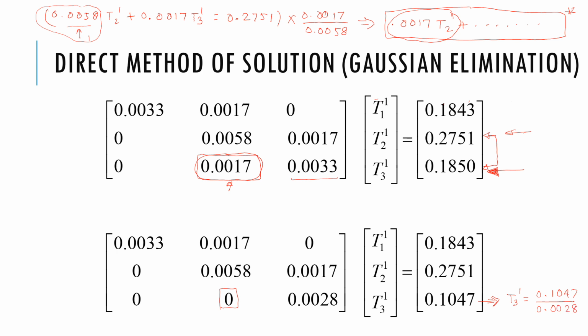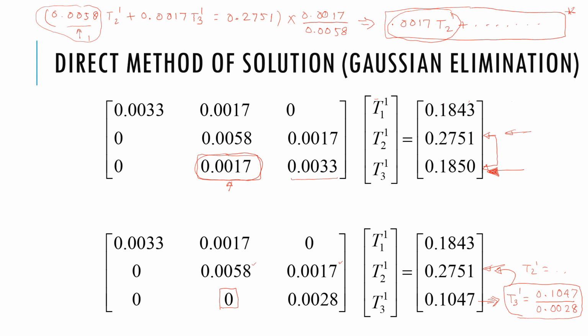So if I know T3, then I back substitute. So this equation has T2 and T3. So if I substitute for T3, then I get T2.